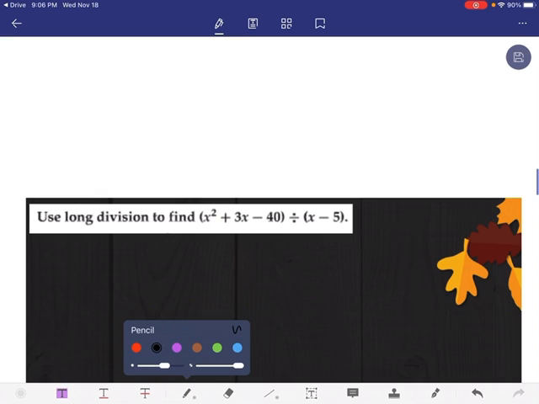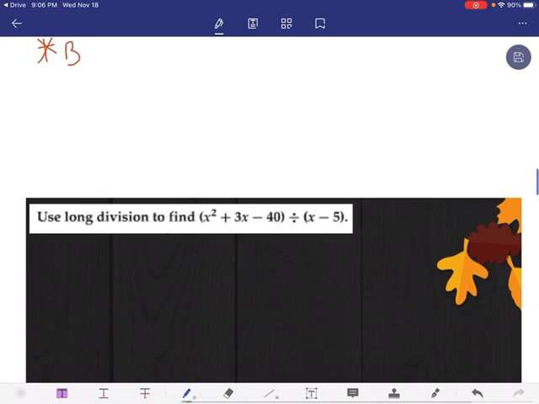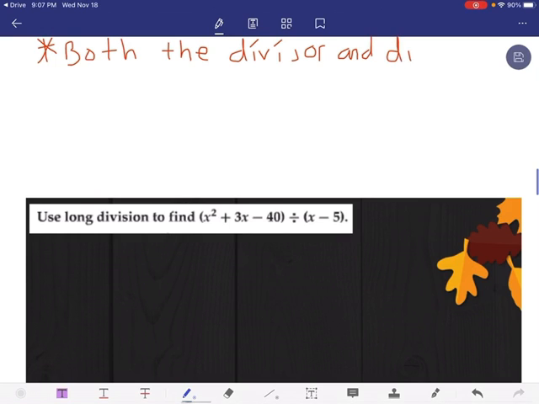So we need to make sure that both the divisor and dividend are in descending order by the exponents.